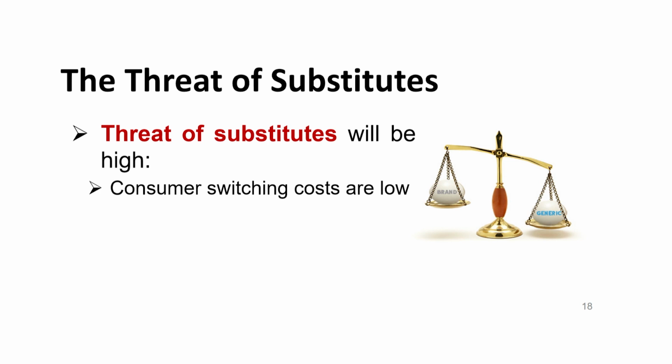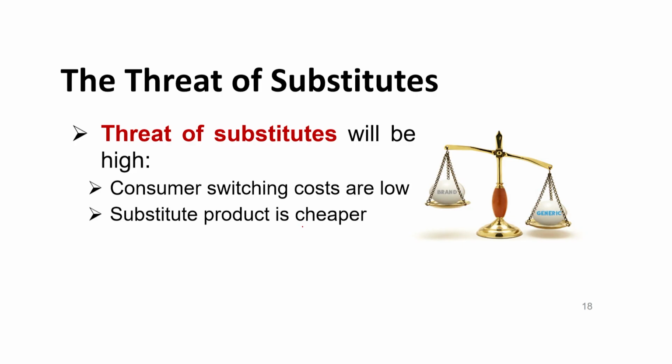Now, in what kind of industry threat of substitute would be more? Number one, when customer switching cost is low, when you can easily switch from one product to another product or from one substitute to another substitute, then threat of substitute would be high for that particular industry.